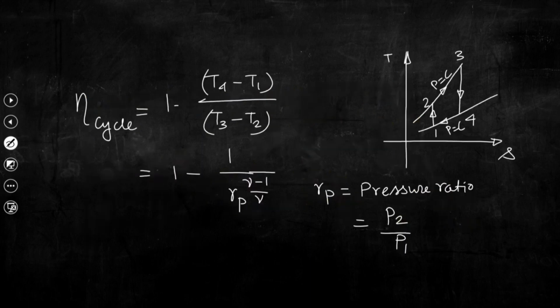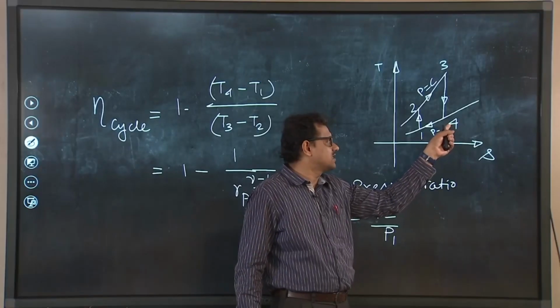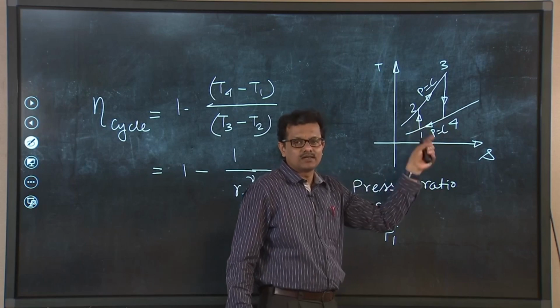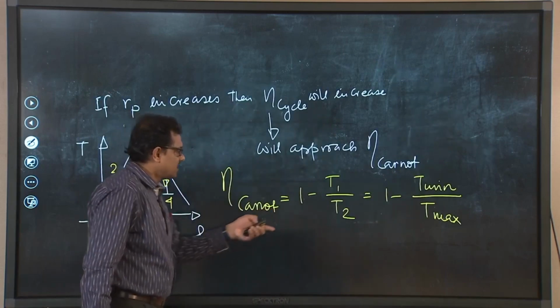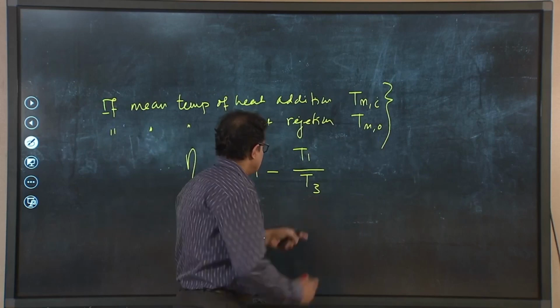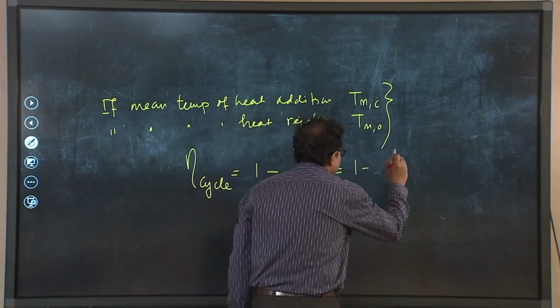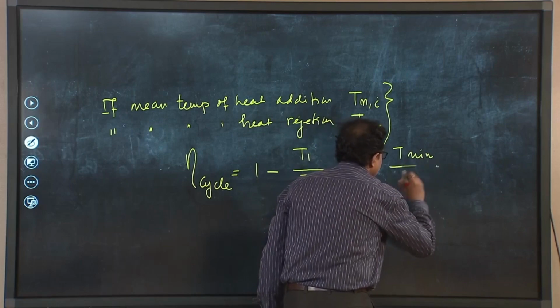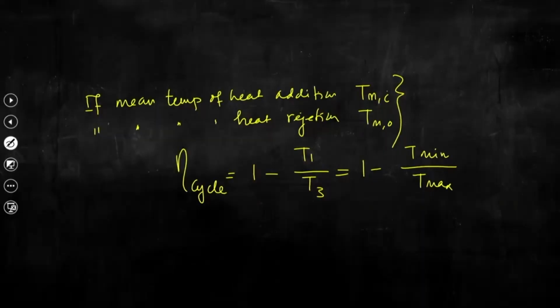So, by increasing the pressure ratio, we are trying to increase the mean temperature of heat addition as if T2 equal to T3, and we are also trying to reduce the mean temperature of heat rejection, that means T4 equal to T1. Then this is the efficiency, that is 1 minus T min by T max, with the mean temperature of heat rejection and heat addition.